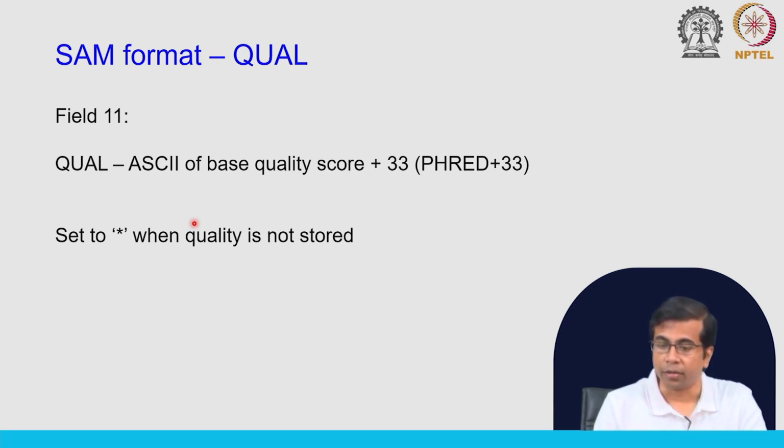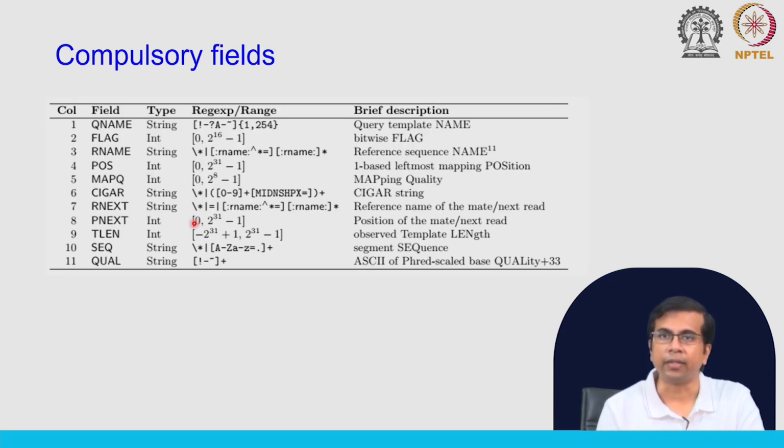Okay. So, just to summarize the compulsory fields that we have discussed so far. This is a brief summary of what you will get. You have QNAME, which is a string, the name of the read. You have FLAG, an integer number, so you can expect some number. We have seen this is a sum of the applicable flags.